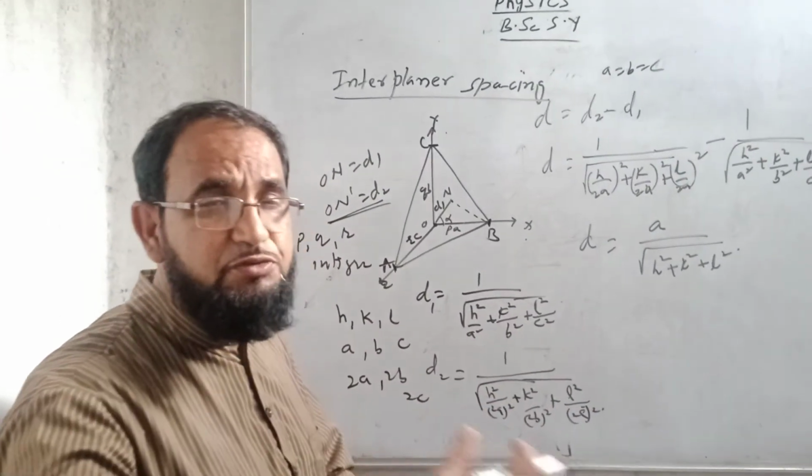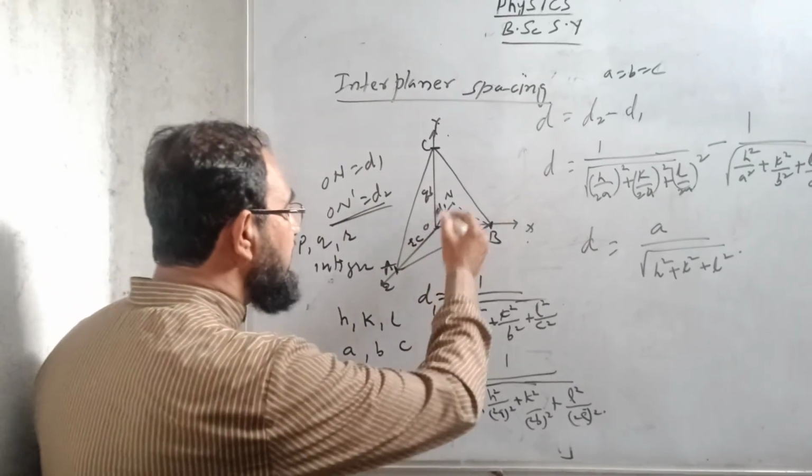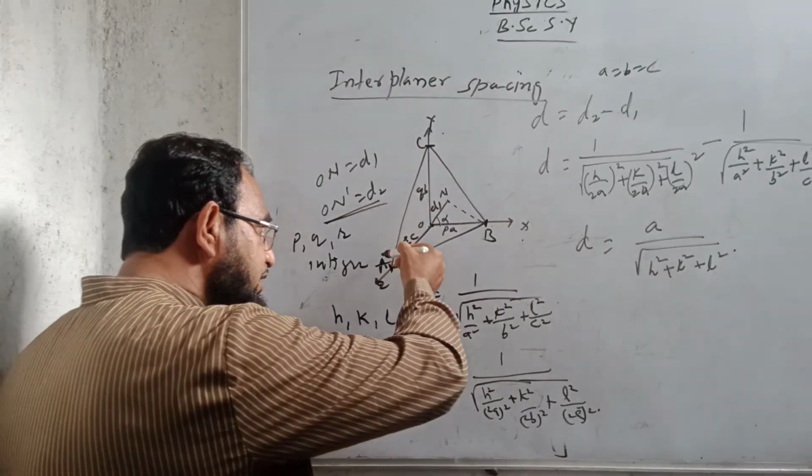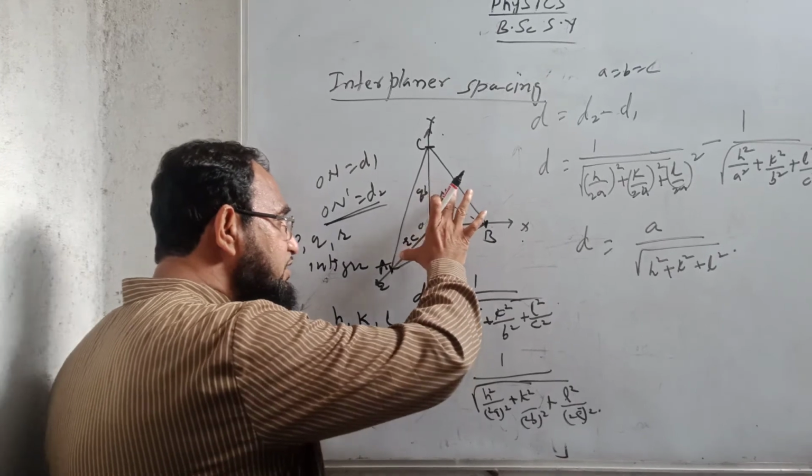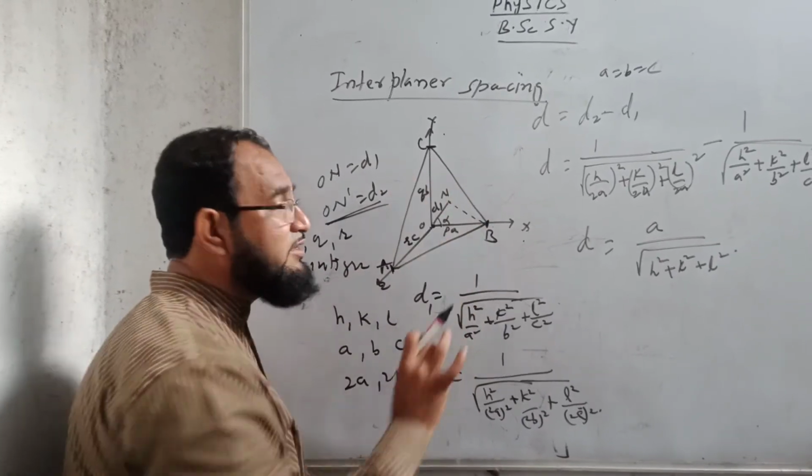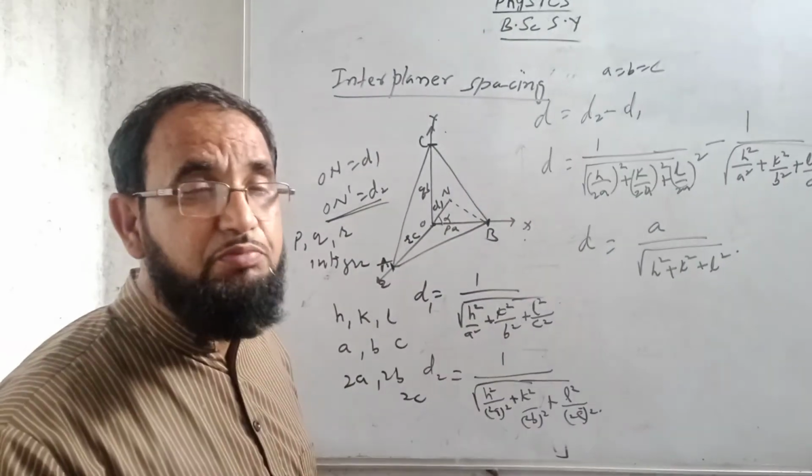Now d2 minus d1 will give you the interplanar distance.